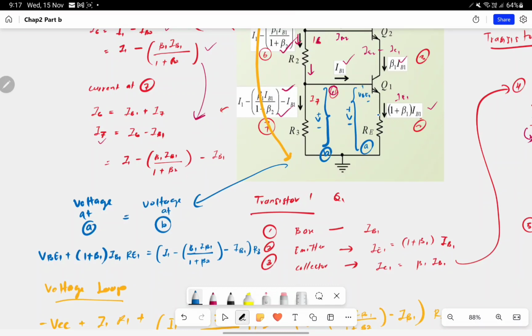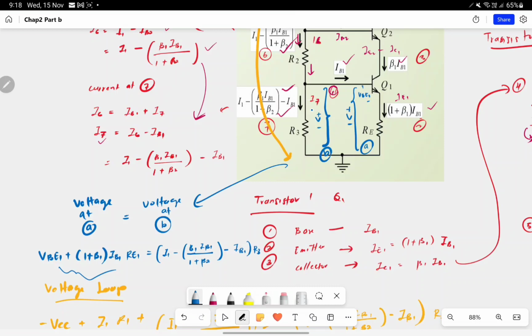So the voltage for the right side is VBE plus the current entering times the resistance RE. So VBE plus 1 plus beta 1 IB times RE1. Both of these produce the voltage at point A, and it equals the voltage at the left side.